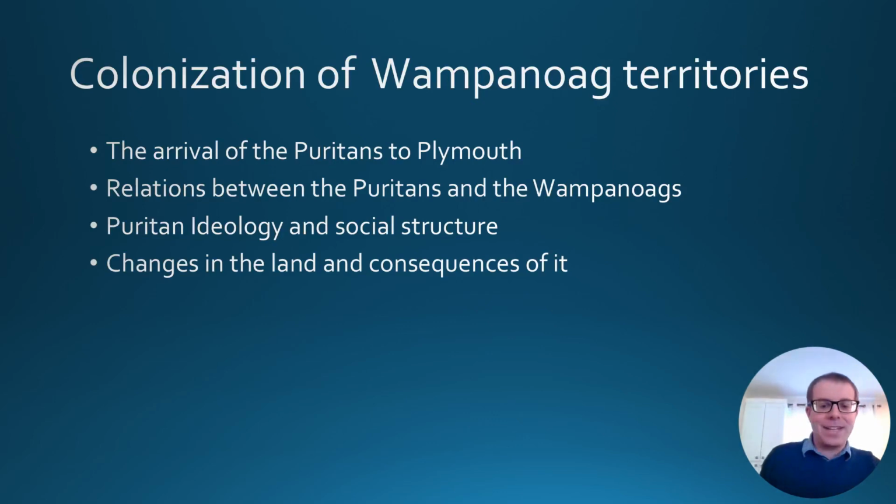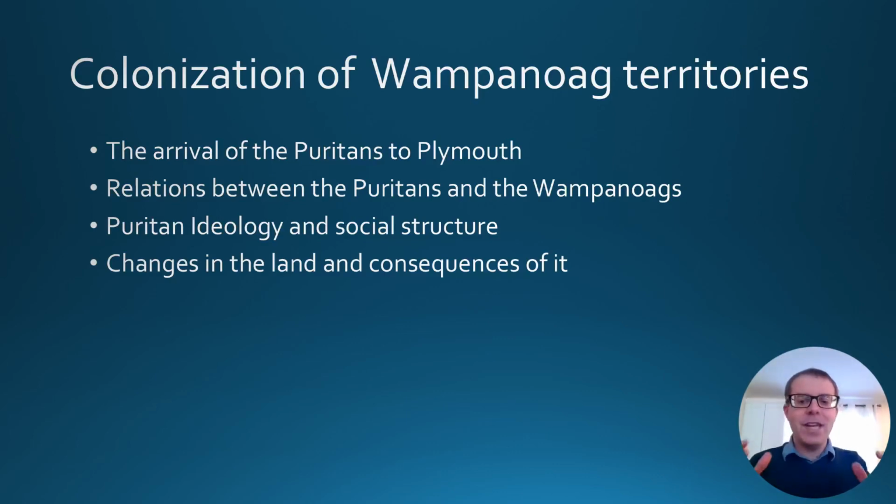and they start living in the abandoned Wampanoag village, and they in fact dig up corn that was planted by the Wampanoags the previous season, and they use that to live off of during the winter before they can set up their own farms.